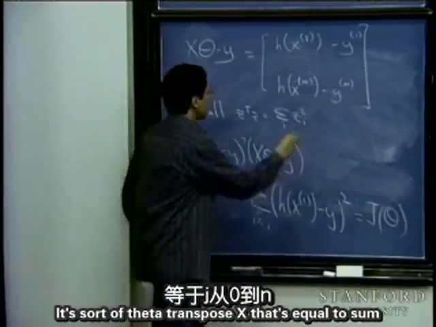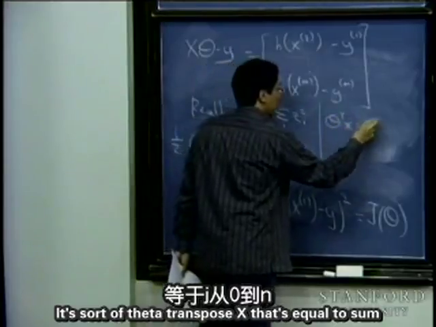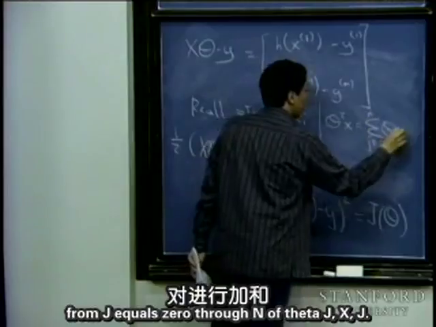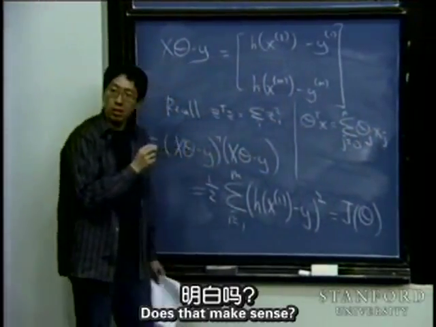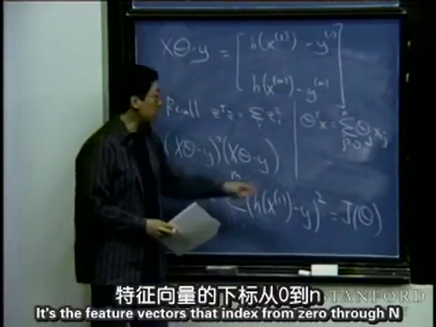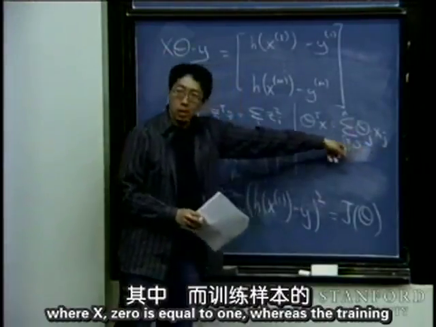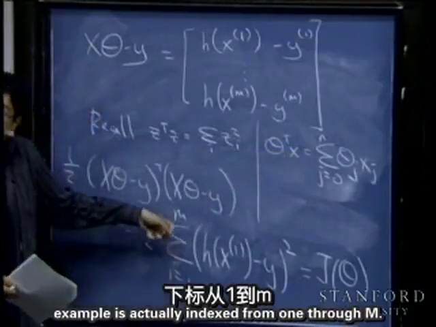And theta transpose x is equal to the sum from j equals 0 through n of theta j xj. Does that make sense? Okay. So it's the feature vectors that index from 0 through n, where x0 is equal to 1, whereas the training example is actually indexed from 1 through m.